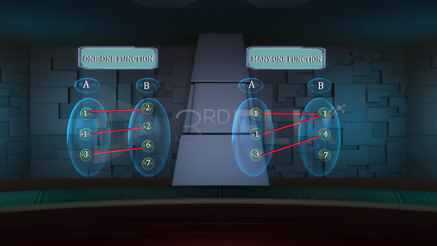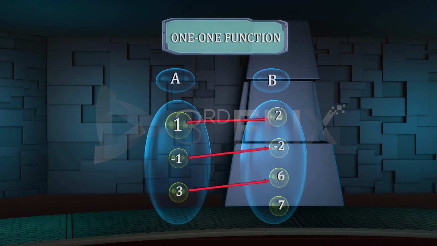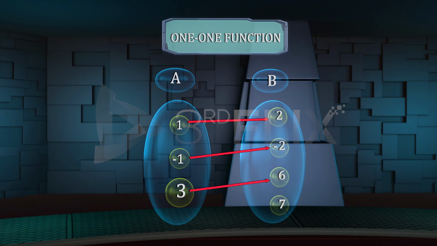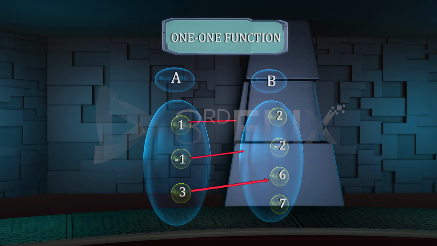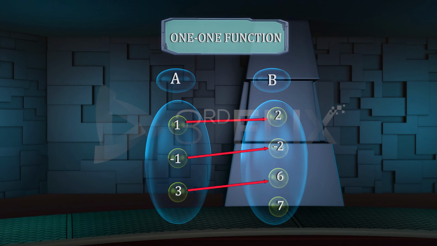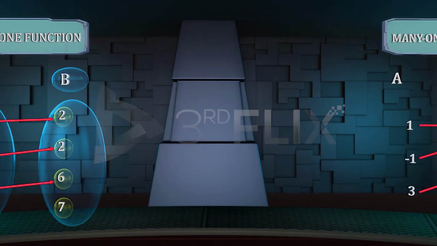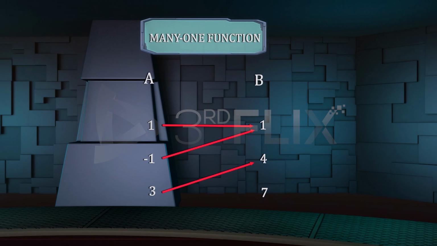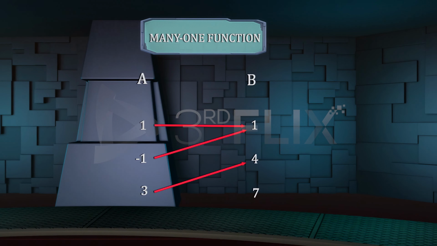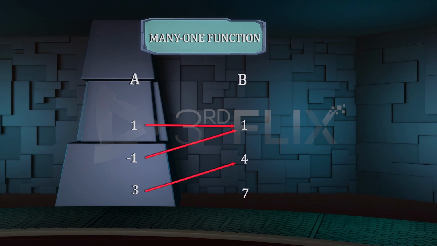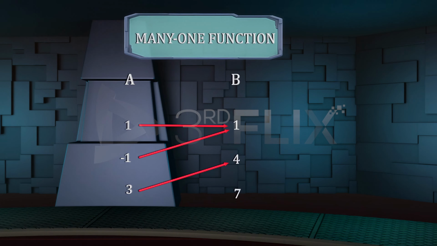1-1 and many-1 functions. If each element in the domain of a function has a distinct image in the codomain, the function is said to be 1-1 or injective function. If there are at least two elements in the domain whose images are the same, the function is said to be many-1.